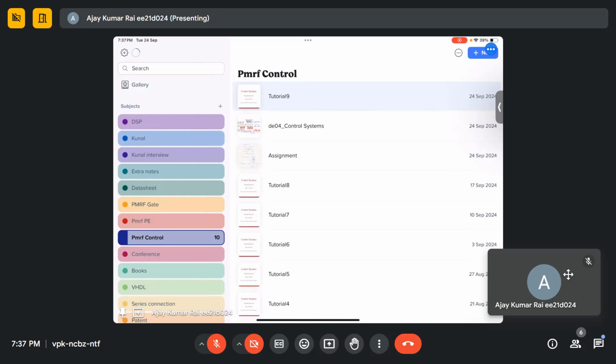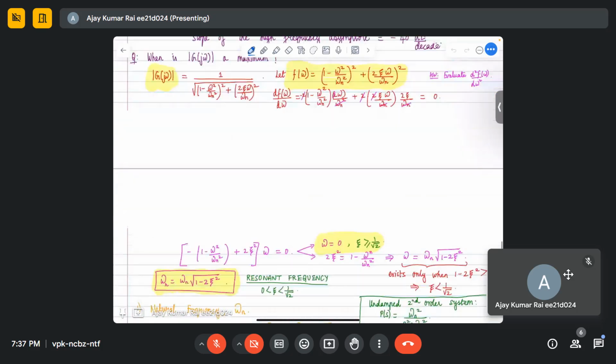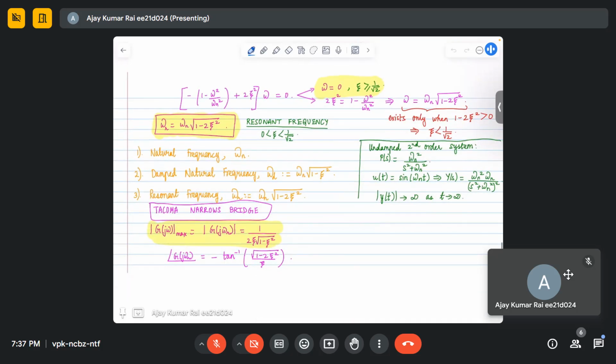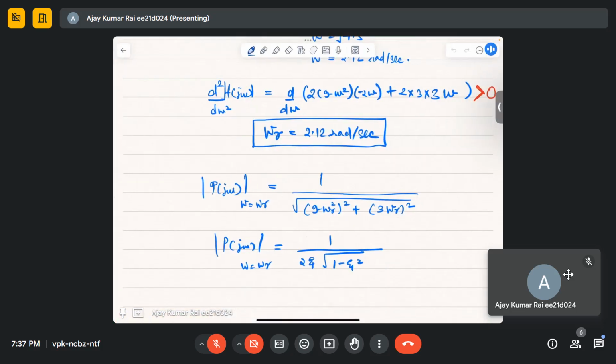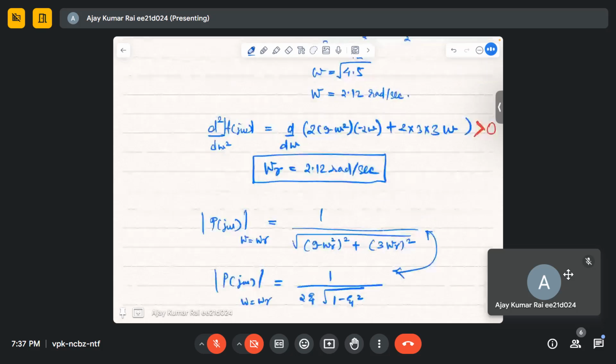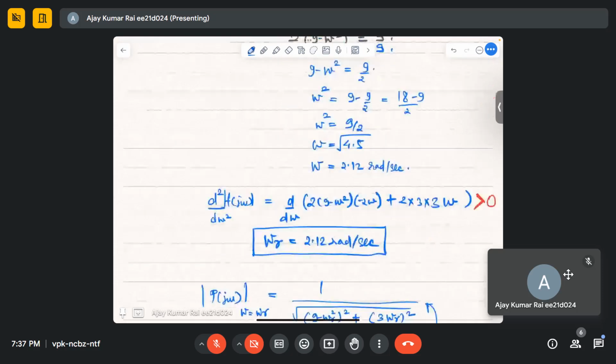Let me check the formula. Okay, resonant frequency is this, and the peak magnitude is 1 by 2 zeta square root of 1 minus zeta square. So these two will be same, because the concept is same, right? Because the formula came from the original equation.